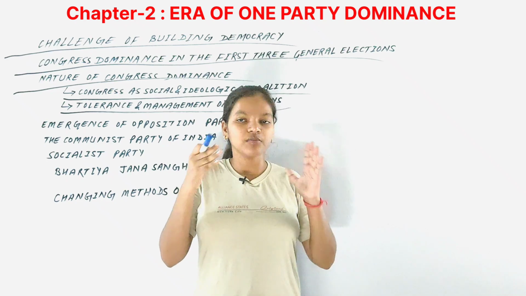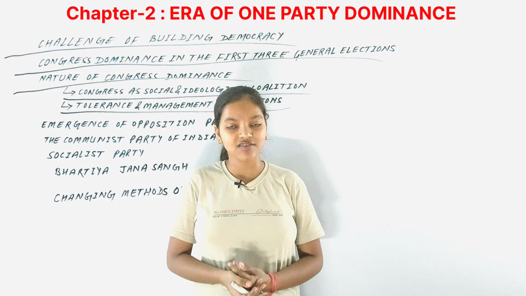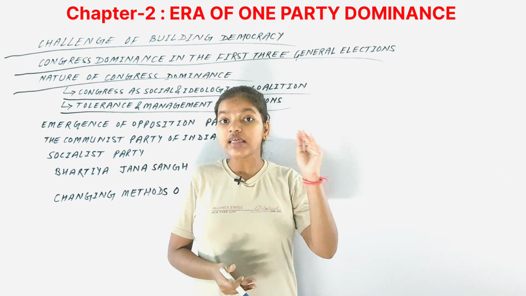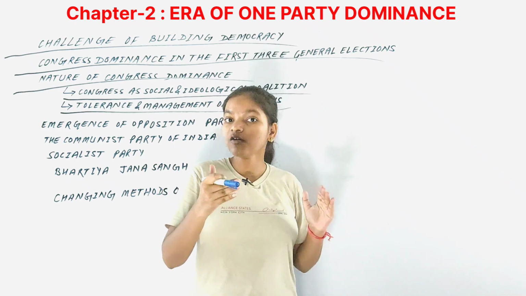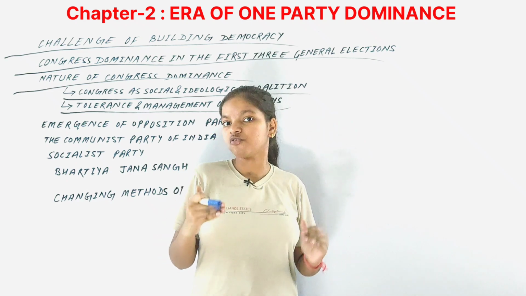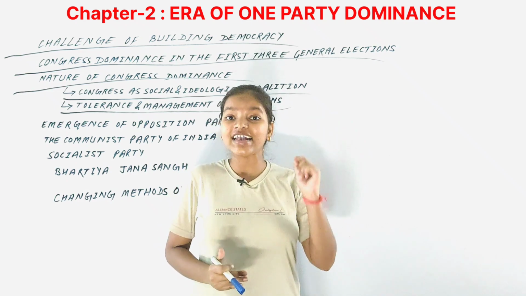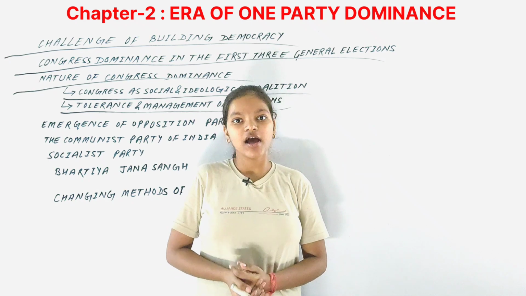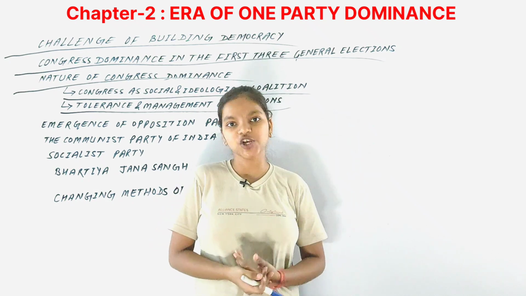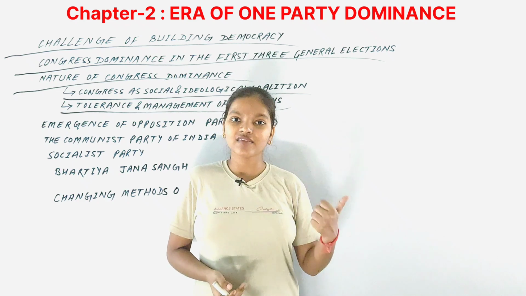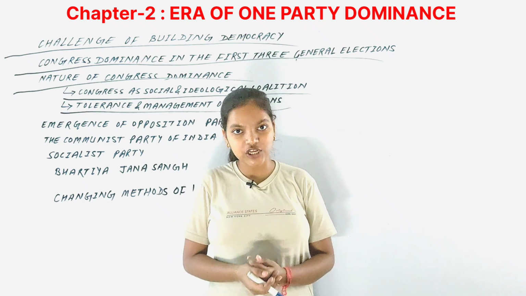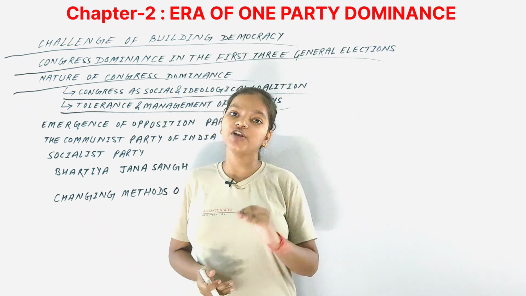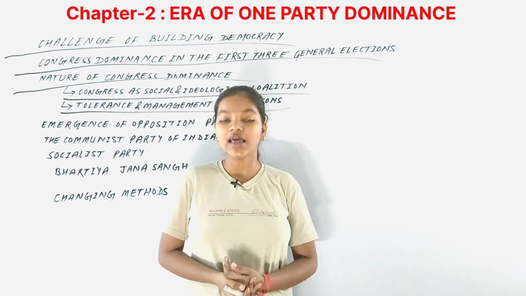Because if different kinds of factions are existing within the Congress party, then all of them would want their own interest to be fulfilled first, and that is why as a ruling party, Congress would have to listen to them. Otherwise, how would they maintain their position as a ruling party? So we can say that with the presence of factions, it was having all the ideologies that no opposition party could have a question on.